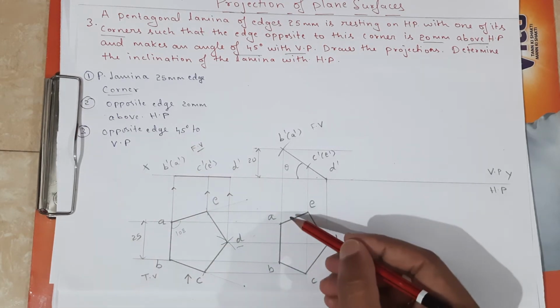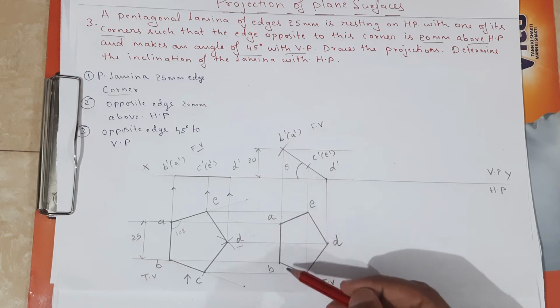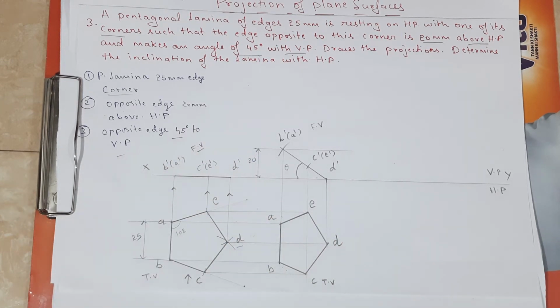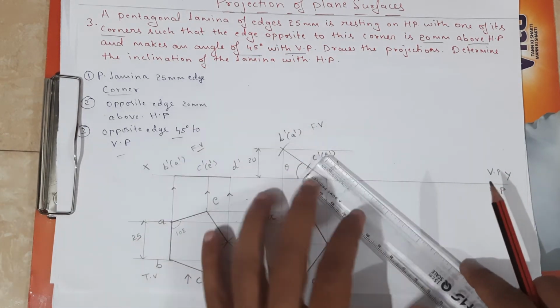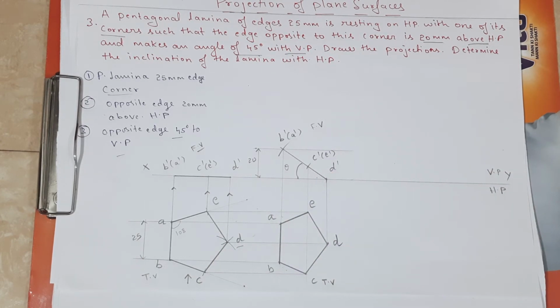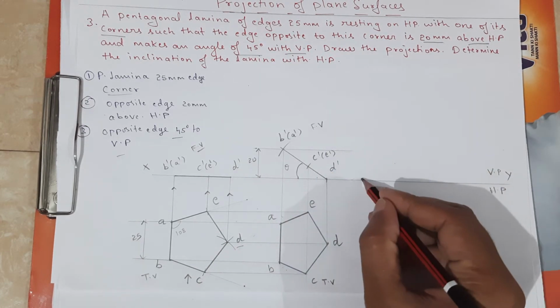Next one, the opposite edge is 45 degrees to VP. So that means this edge, the edge AB, is inclined at an angle of how much? 45 degrees to VP. So what I am going to do is draw a line. First I am going to locate one reference point.